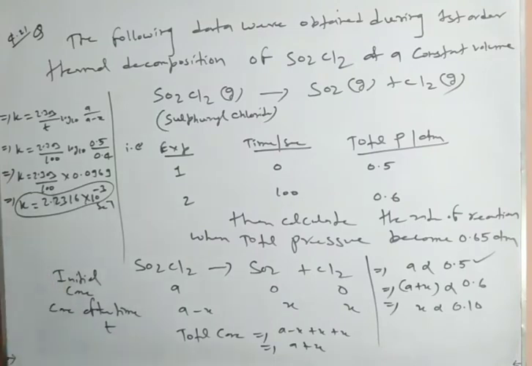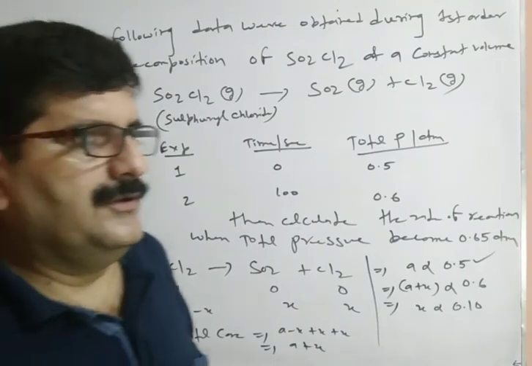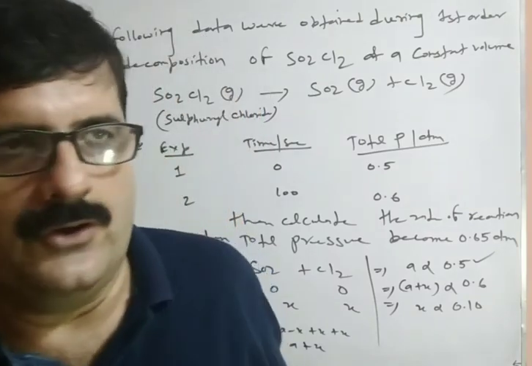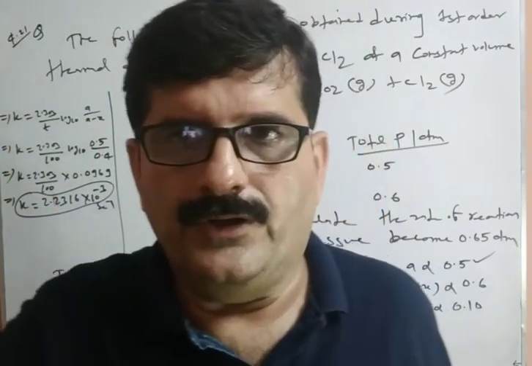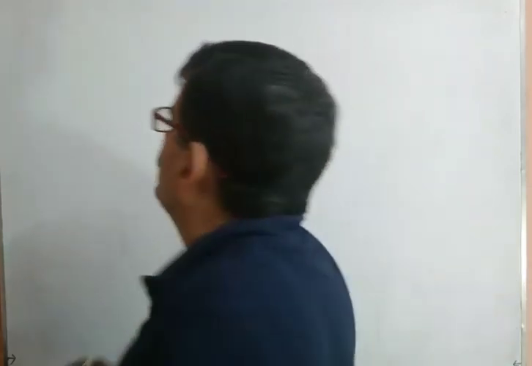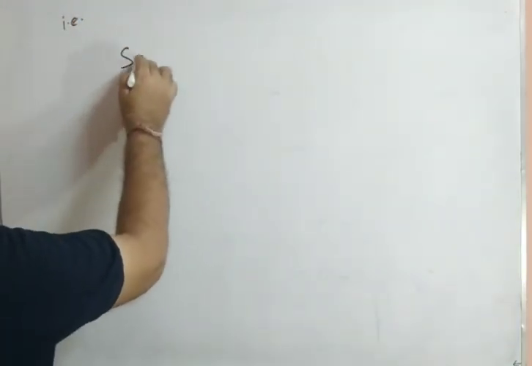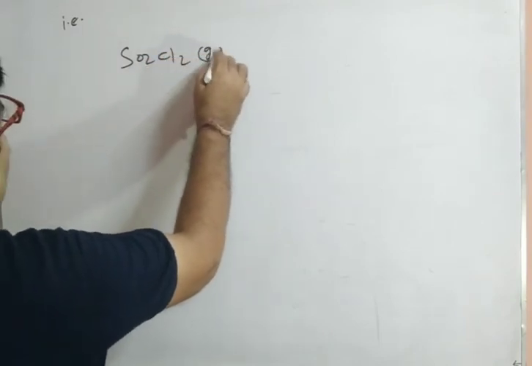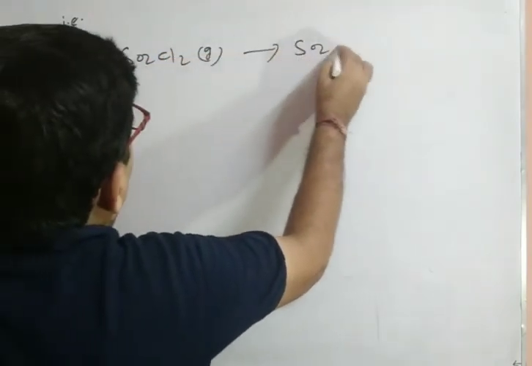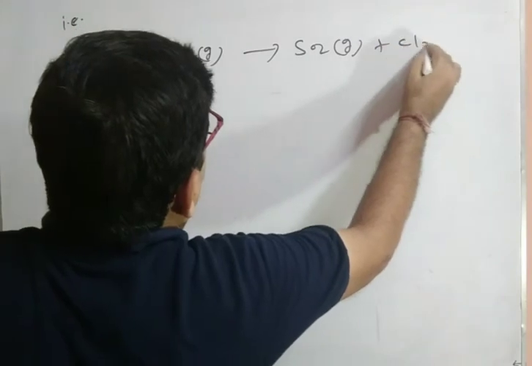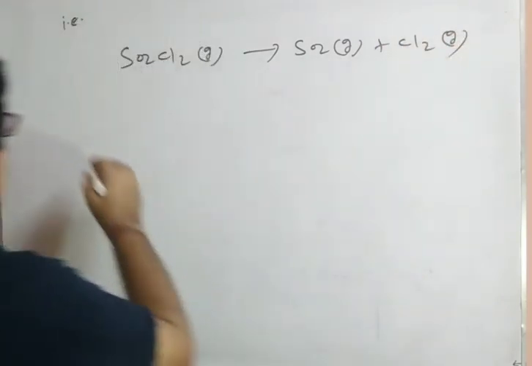If k is given, then we can easily find the value of the rate of reaction. For the rate of reaction, again we can rewrite our previous reaction, that is SO2Cl2 gas converted into SO2 gas plus Cl2 gas.